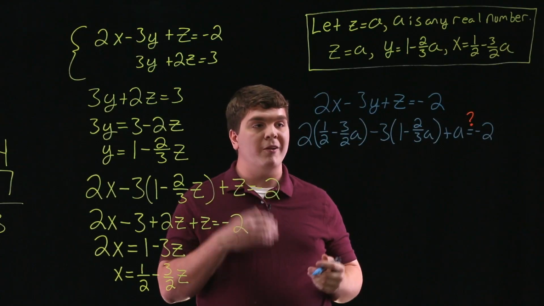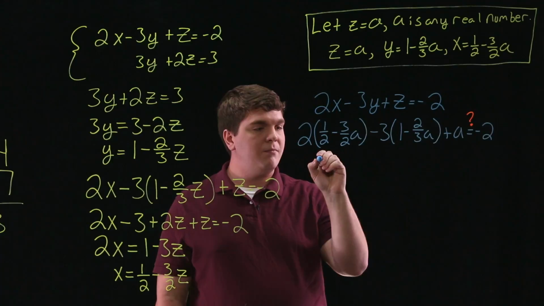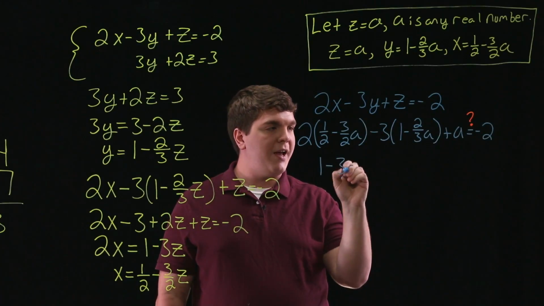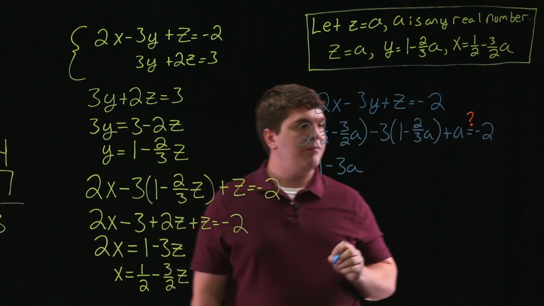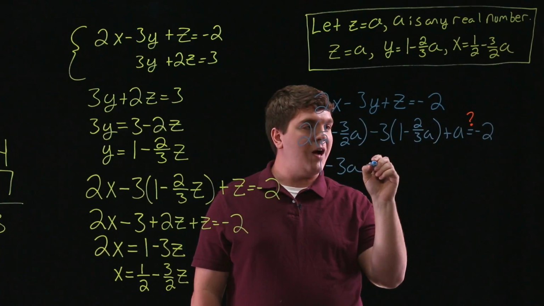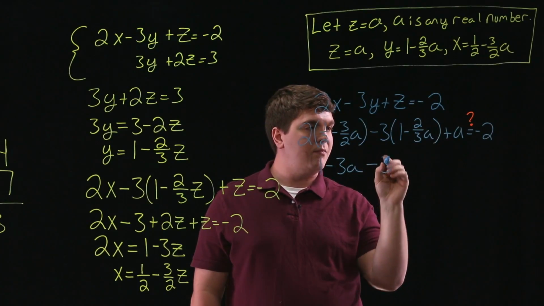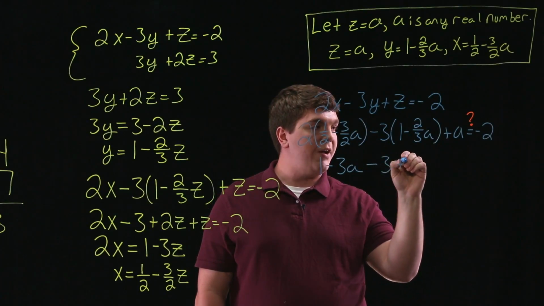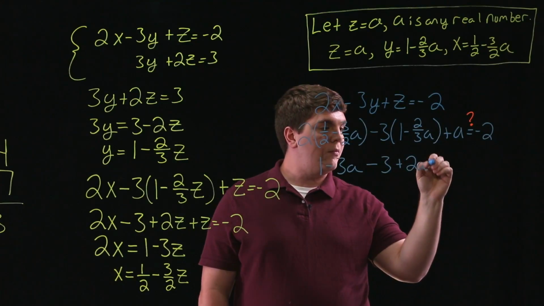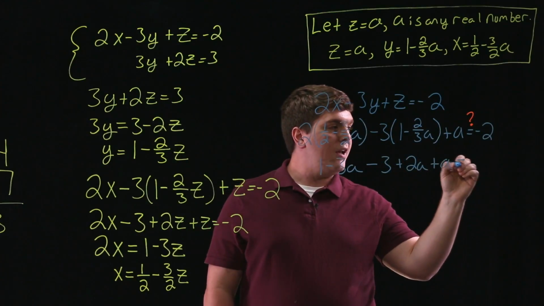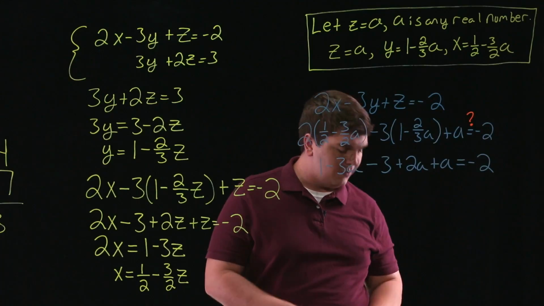Well, using the distributive property, here we'll have 1 minus 3a minus 3 plus 2a plus a, and we want to know, is this equal to negative 2?